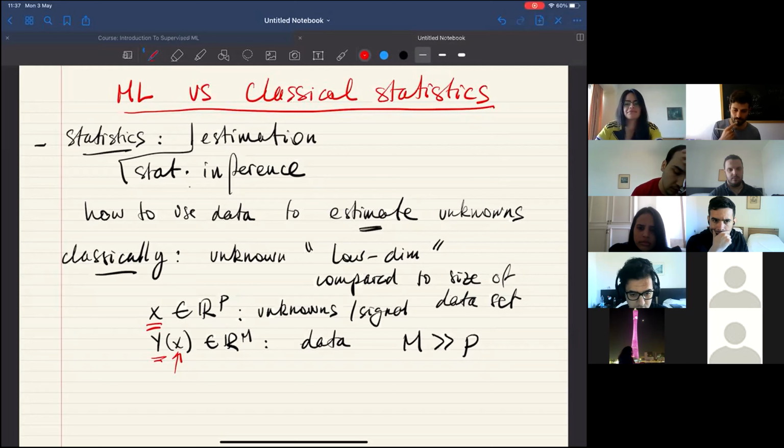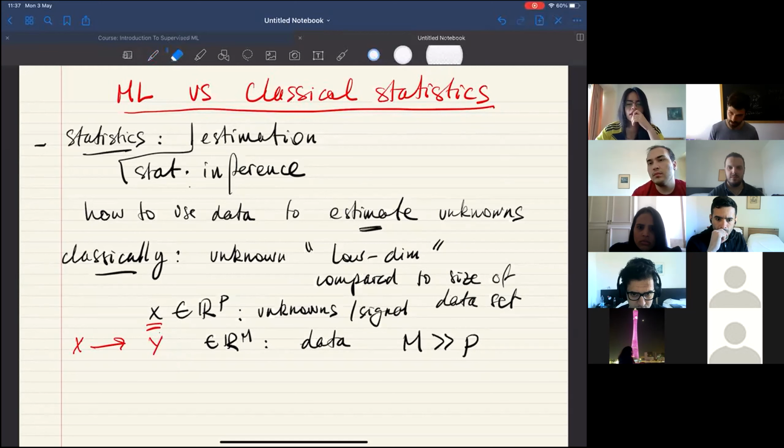But Y of X has a dimension greater than X. It's like we start with a signal and when we compute the feature map, we get something like... No, Boris, I didn't mention any feature map here.